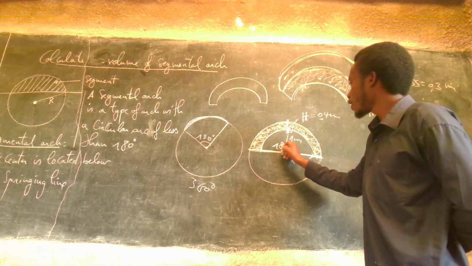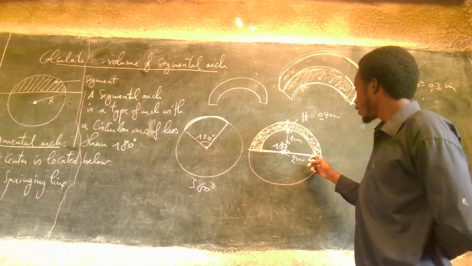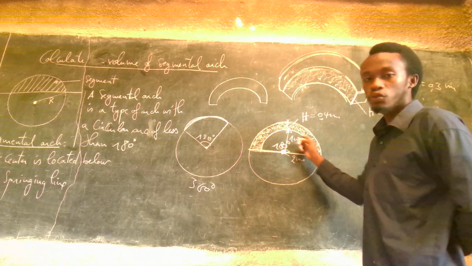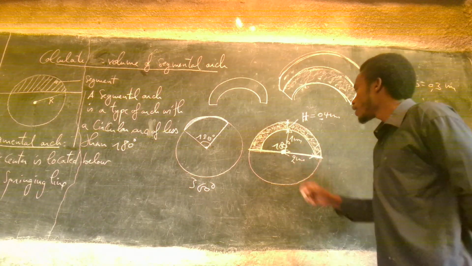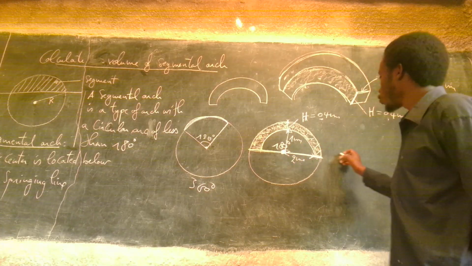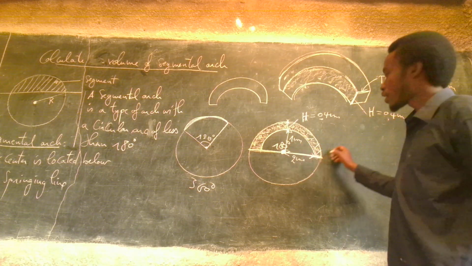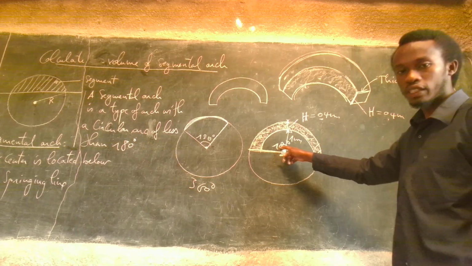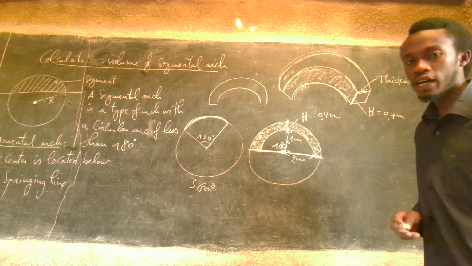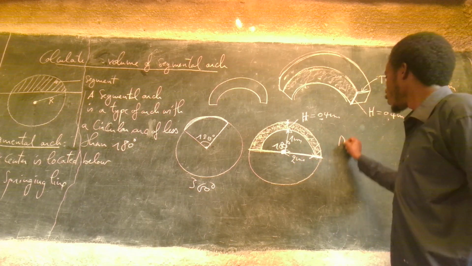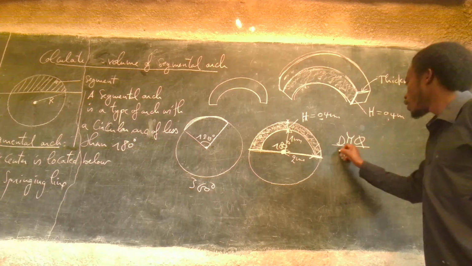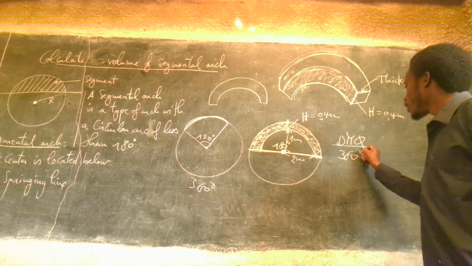Here we have 180 degrees. The length of this part of the circumference of this circle is equal to the diameter times pi times the angle over 360 degrees.